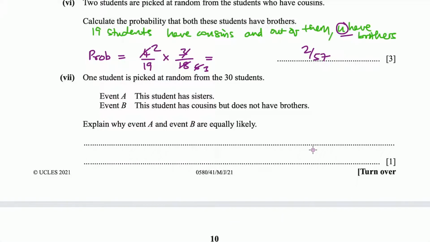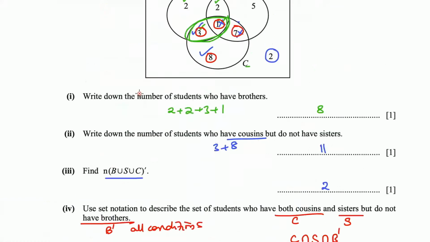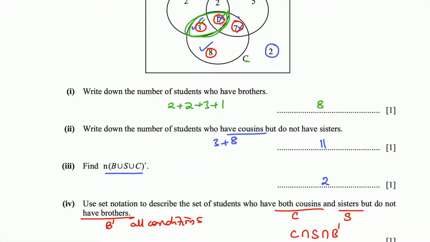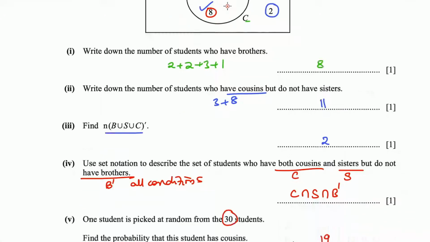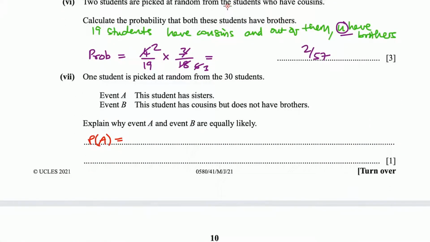Let us go to the last part. One student is picked at random from the 30 students. The student has sisters. So P of A, how many students have sisters? Let us calculate. 1, 7, 5 and 2. So 7 plus 7 plus 1, 15 by 30. Which is 1 by 2.